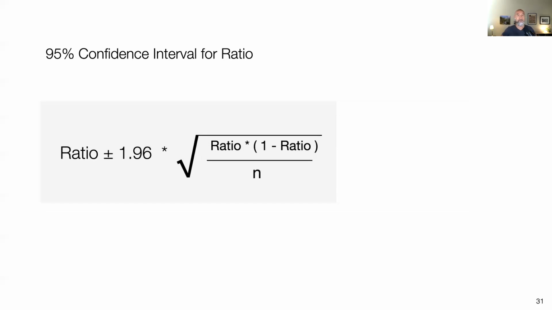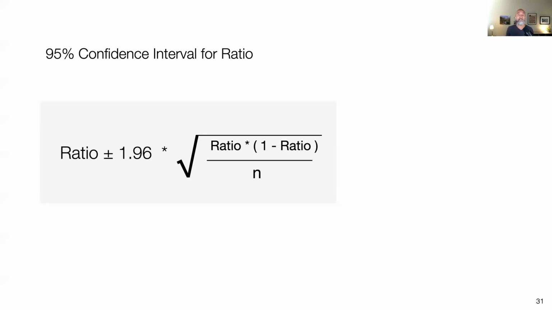When you want to calculate the confidence interval for a ratio, especially for the 95% case, the formula is slightly different because for the ratio case, we don't have the standard deviation. Instead, we have a ratio. This means, for example, when you have customer data on who converted and who didn't convert, true or false kind of data, you can calculate the conversion rate. That's the ratio.